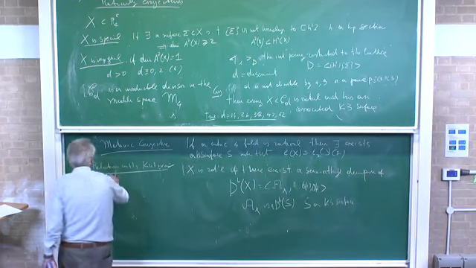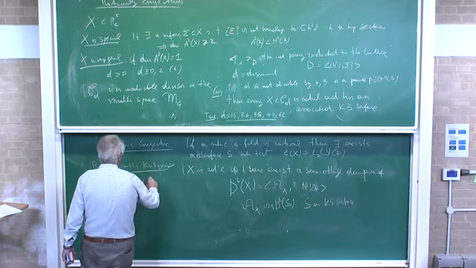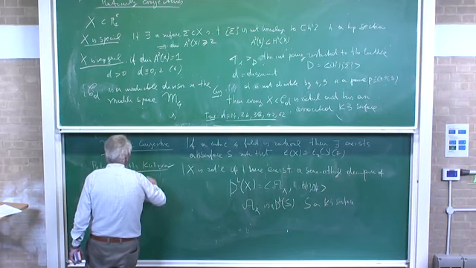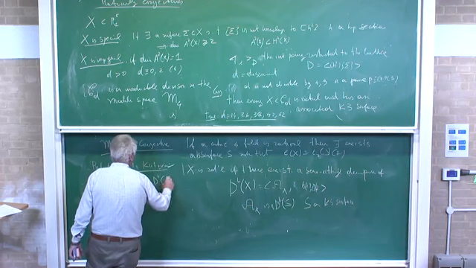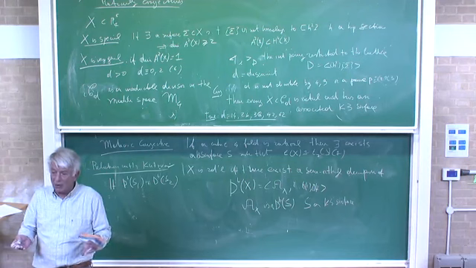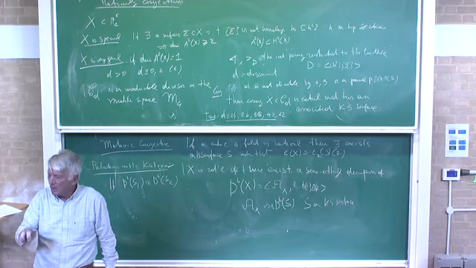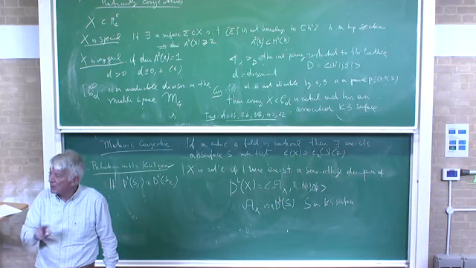If D^b of S1 is equivalent to D^b of S2, well, it's well known that equivalence of derived categories does not imply that the surfaces are isomorphic. But it does imply, in the case of K3 surfaces, that they have the same motive.